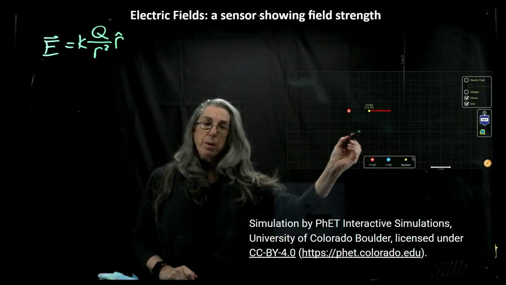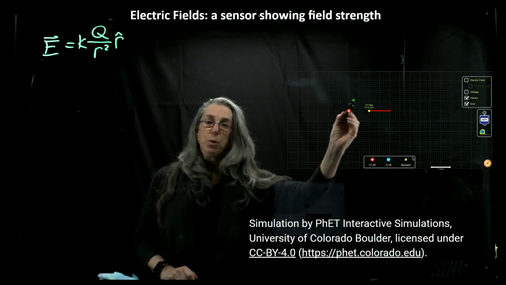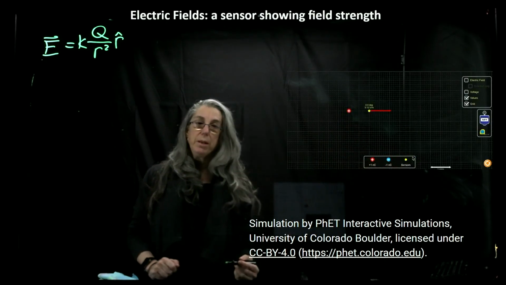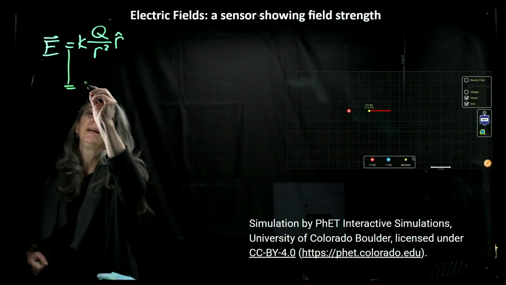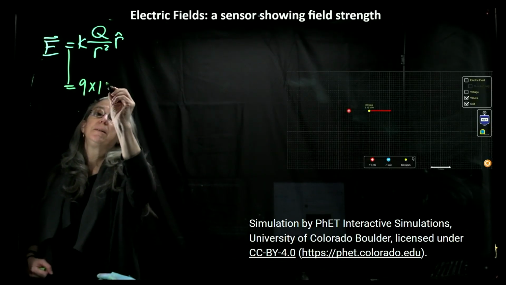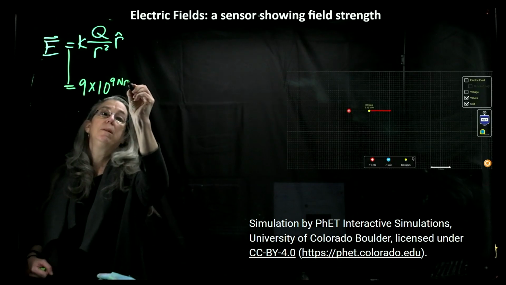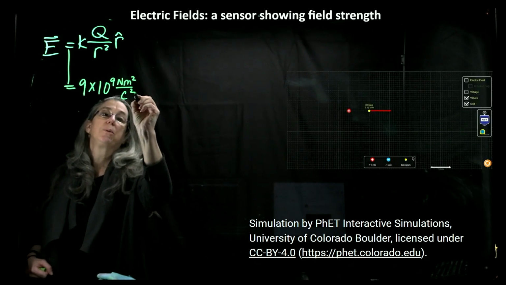So we can check the numbers and see how this works out. Those are separated by, it's very hard to tell, but 2 squares, which means they're 1 meter apart. And again, if you can read down here, the magnitude of that charge is 1 nanocoulomb. So we can just plug in those numbers. K is 9 times 10 to the 9th newton meter squared over coulomb squared.